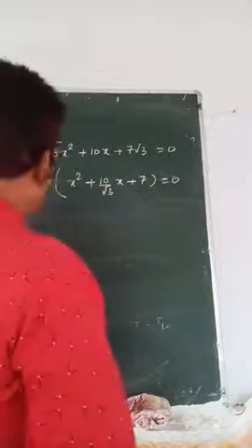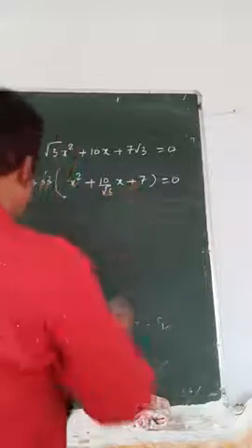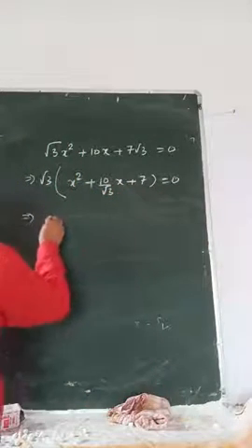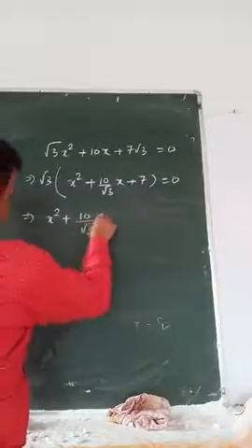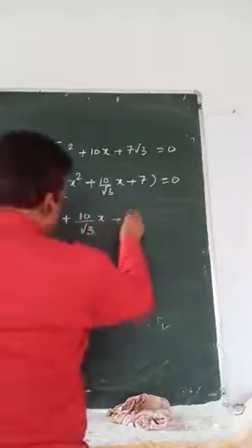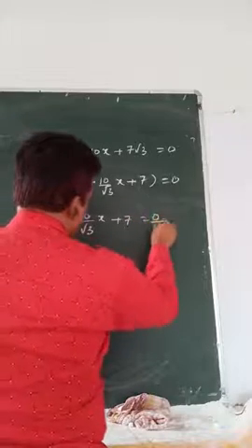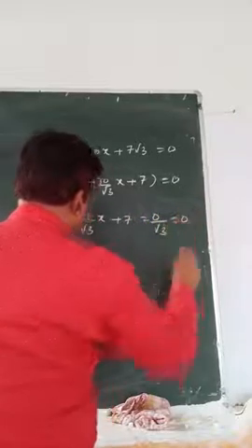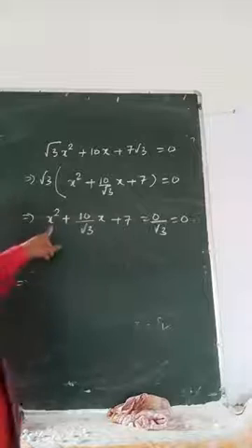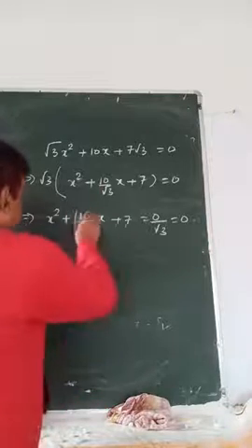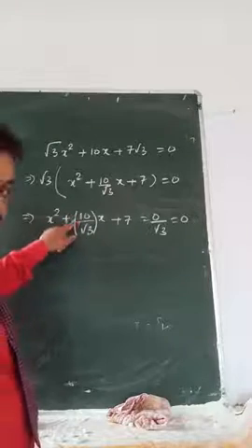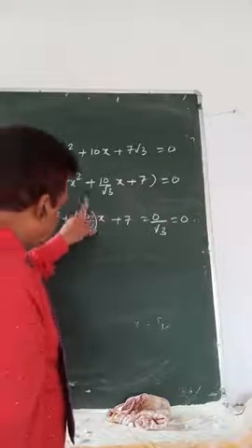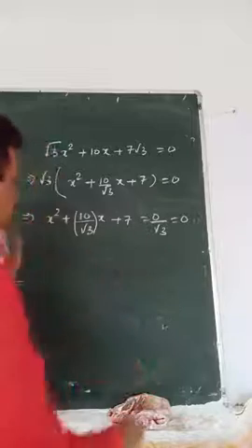Okay. Now this root 3 you divide here. x square plus 10 by root 3 x plus 7 equals to 0 by root 3, that is 0. Okay, now look here. You have to write 2ab. First, because in 10 there is 2, so you take out the 2.